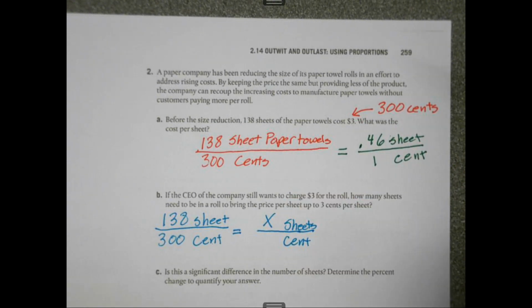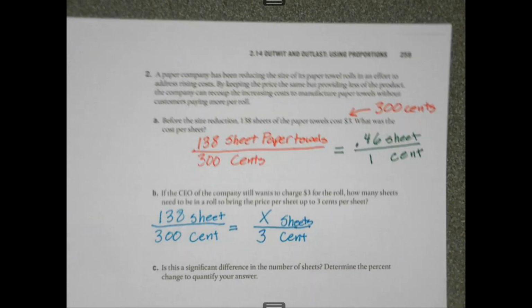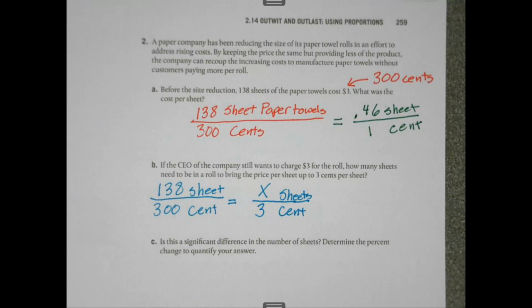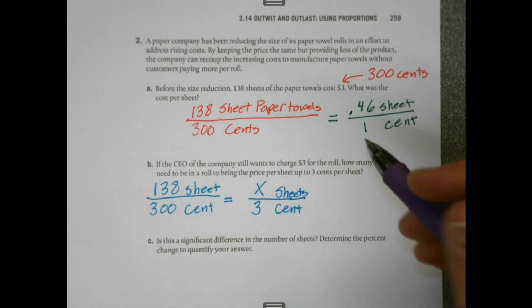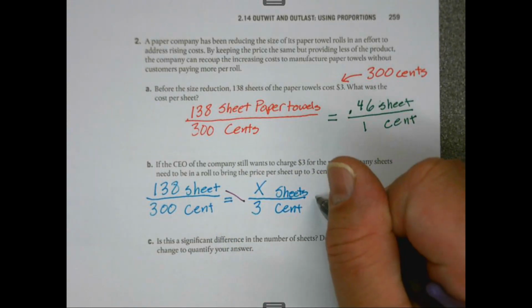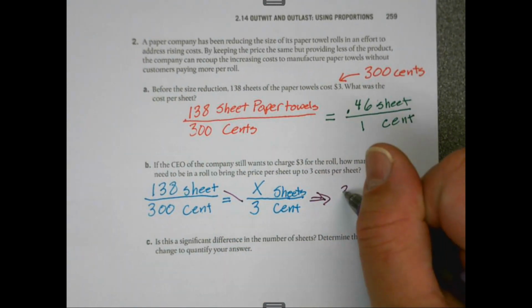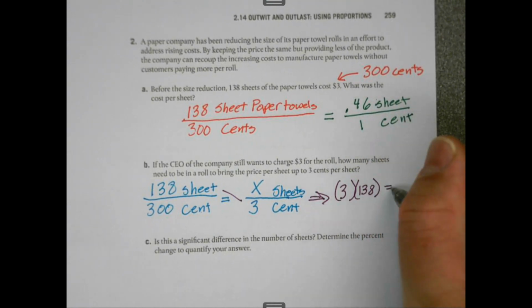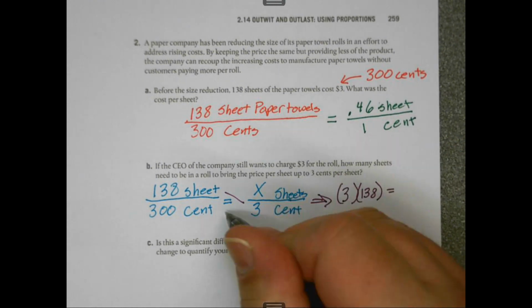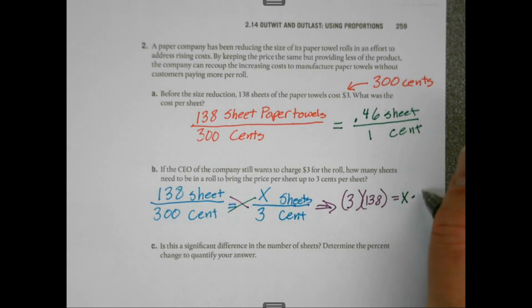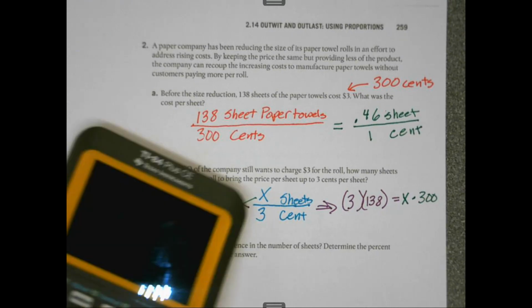3 times 138 equals x times 300. 3 times 138 is 414, equals 300x.